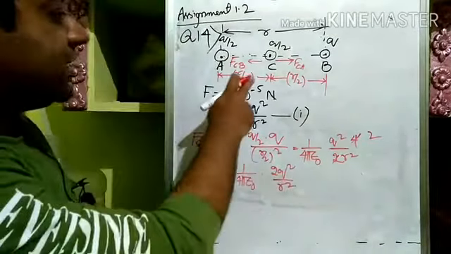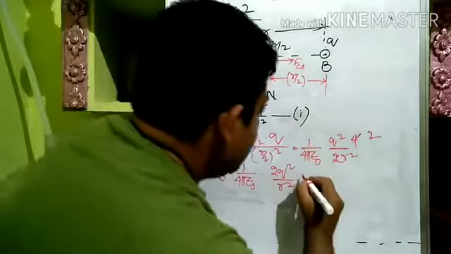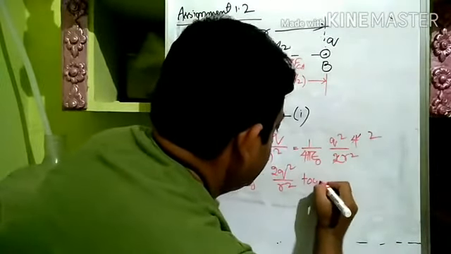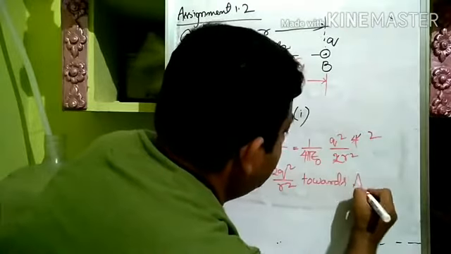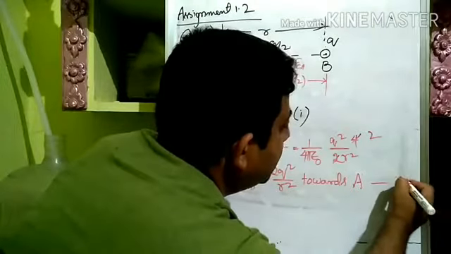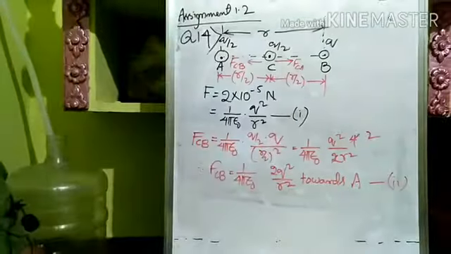And it is a vector quantity, so let us say FCB direction is towards A. That's equation 2.